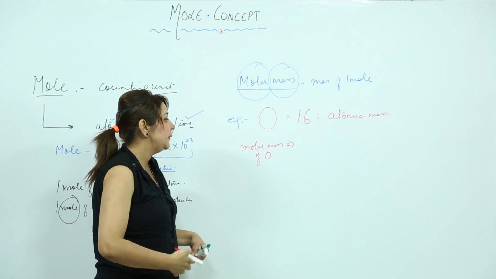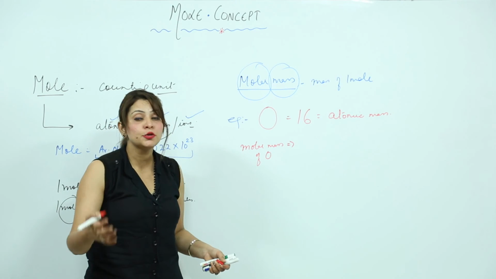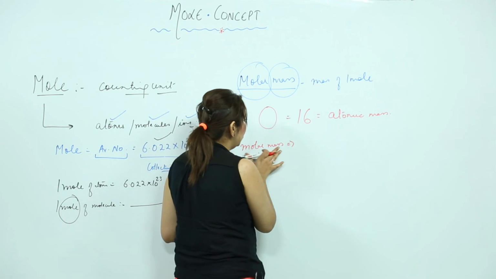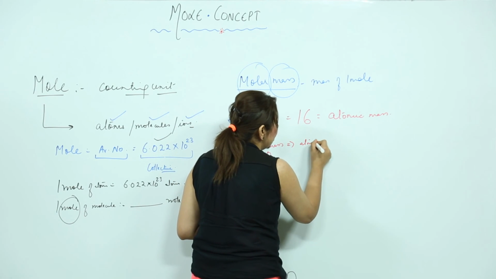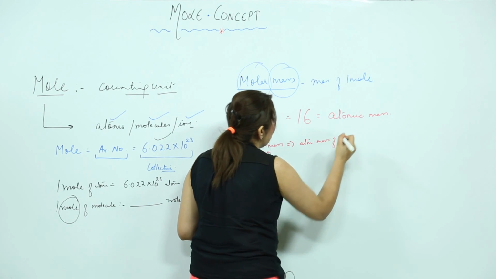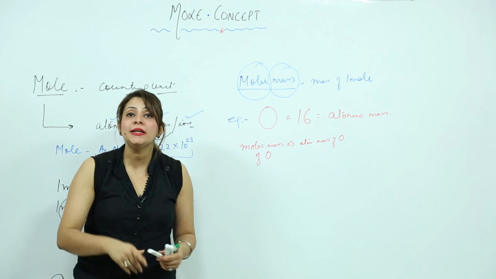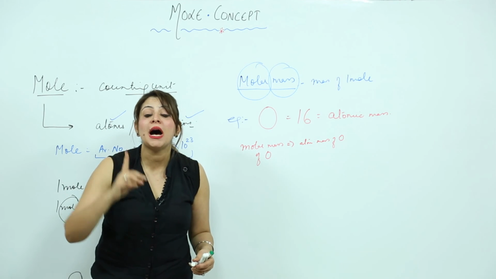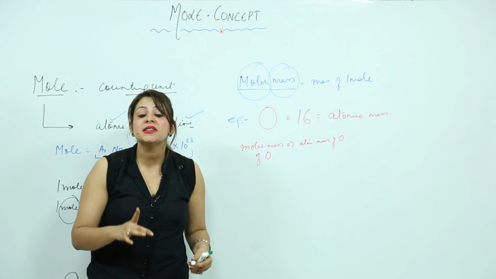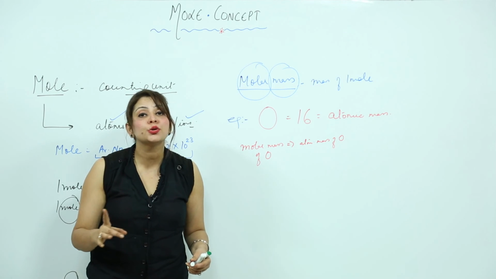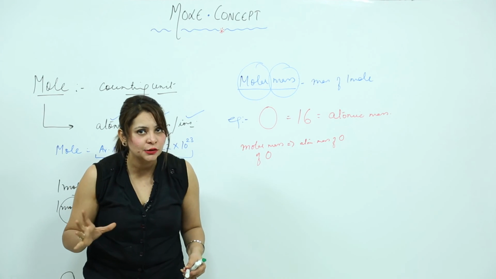So if somebody asks me about the molar mass of oxygen, I am going to say that the molar mass of oxygen is equal to the atomic mass of oxygen, as the atomic mass is not the mass of one atom, actually it is the mass of 1 mole. That means it is the mass of 6.022 × 10^23 atoms, right?